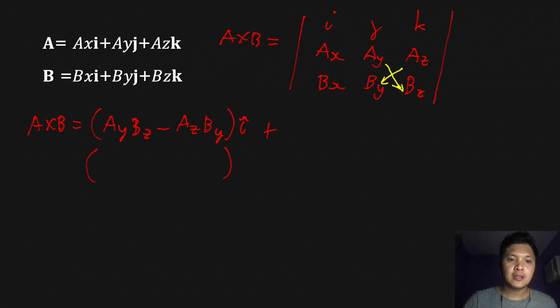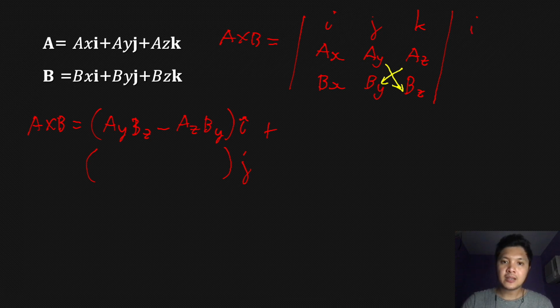Okay, so this time it's J hat, or J. Now if you want to get the direction in J, we have to cover this, or disregard this. To make it easier, this is the technique I'm using.